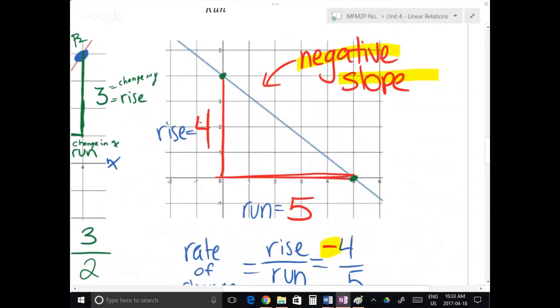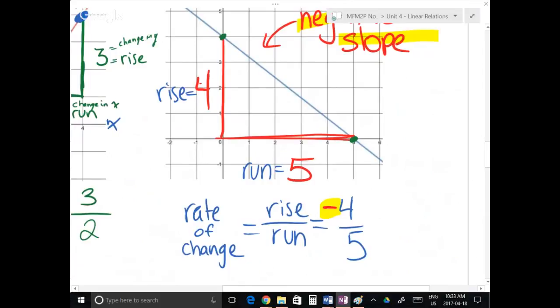And what this really means is that this rise is actually negative, which when you look at the graph, does that make sense? Sure, because as we go over 5, are we really rising by 5? We're actually kind of falling by 5, aren't we? It's going down. So a negative value. Does that kind of make sense?